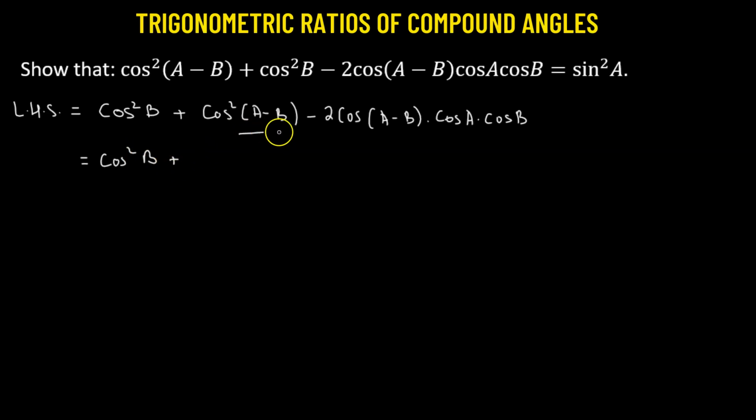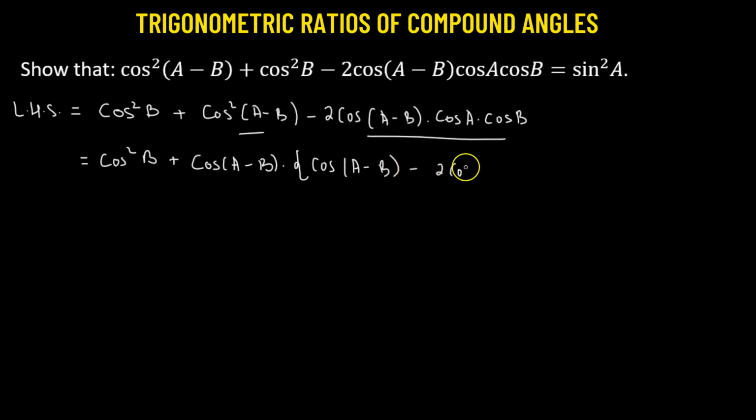From the second and the third term, we're going to take cosine of (A minus B) as the common factor. So we are left with cosine of (A minus B) minus 2 times cosine of angle A times cosine of angle B. Furthermore, we can expand cosine of angle (A minus B).